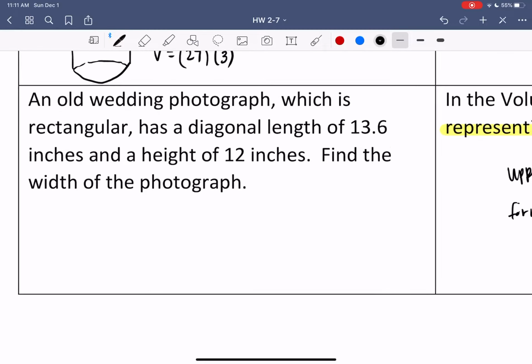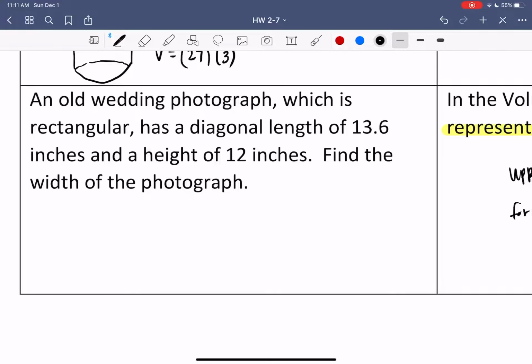All right. An old wedding photograph, which is rectangular, has a diagonal length of 13.6 inches and a height of 12 inches. Find the width of the photograph. All right, I'm going to go ahead and draw my old photograph.